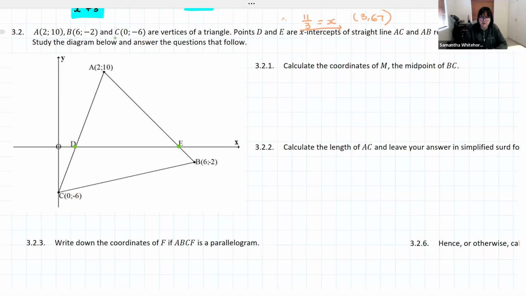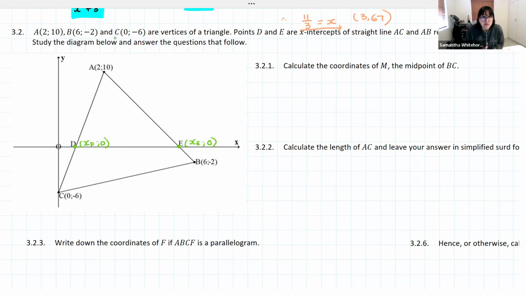Nice, Tanda. Y. Y is 0. So we know that for both of these, this is an x coordinate of E and then 0, x coordinate of D and then 0.